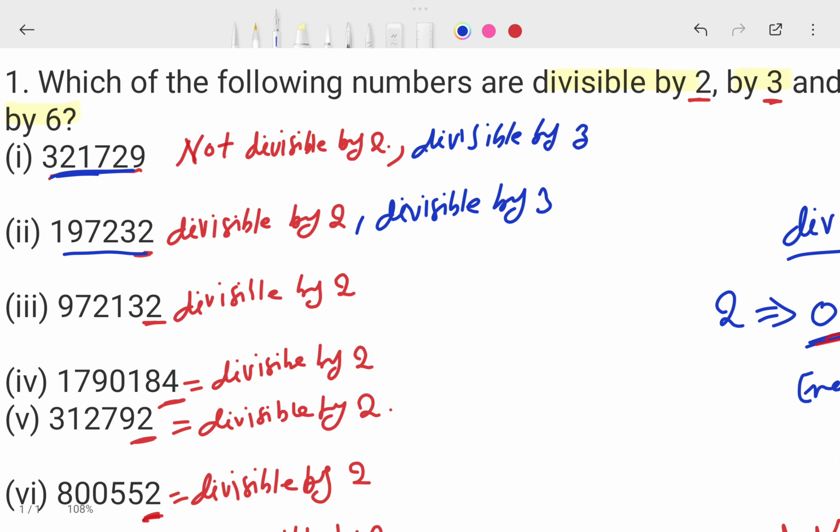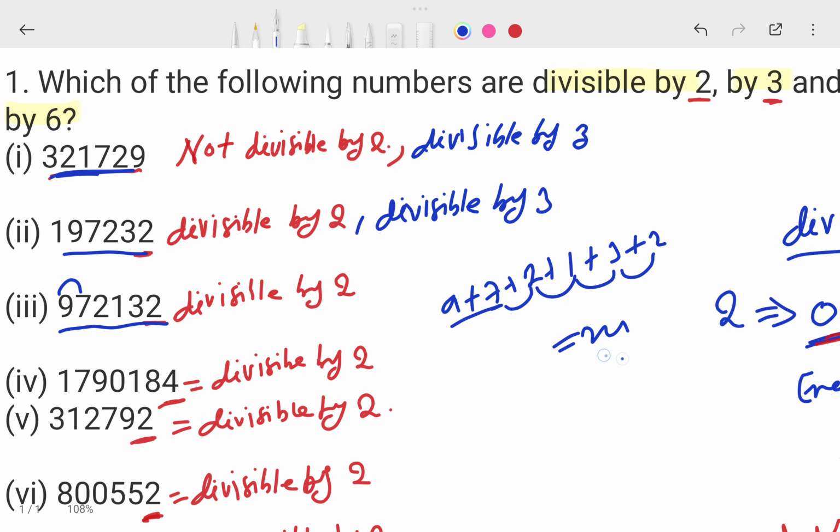Okay, you want to check whether this number is divisible by 3 or not. So what is the rule? You have to add the digits: 9 plus 7 plus 2 plus 1 plus 3 plus 2. 9 plus 7 is 16, 16 plus 2 is 18, 18 plus 1 is 19, 19 plus 3 is 22, 22 plus 2 is 24.